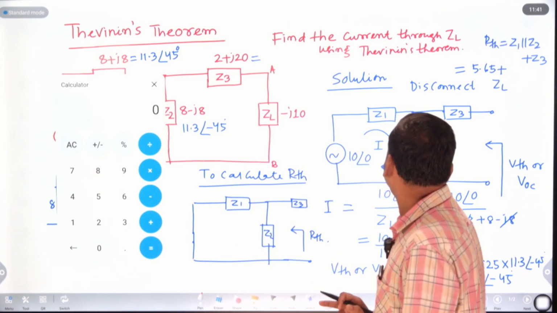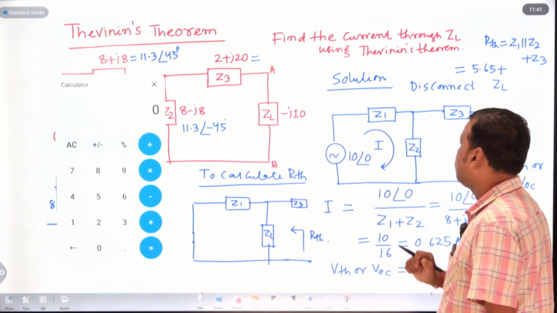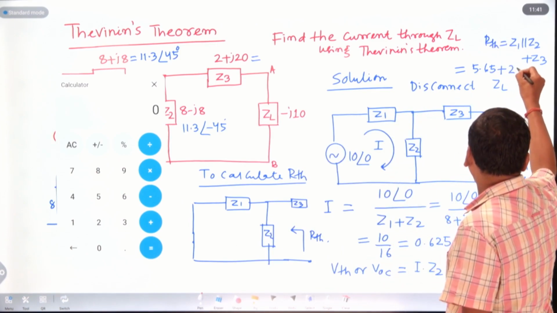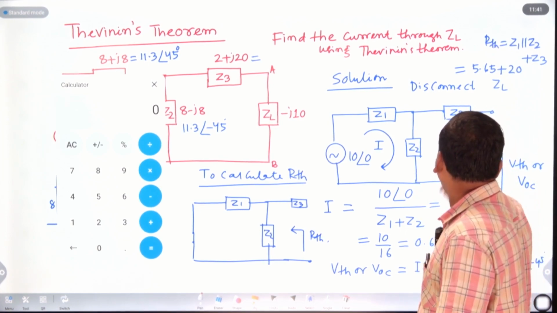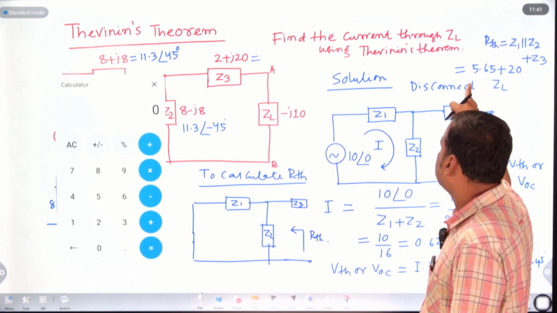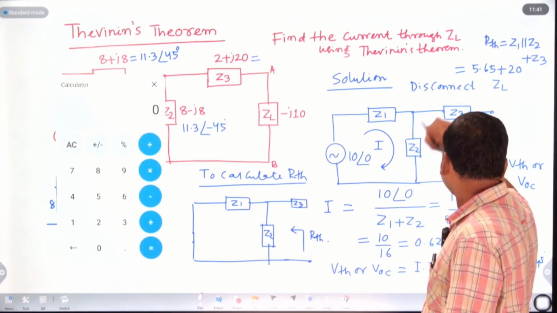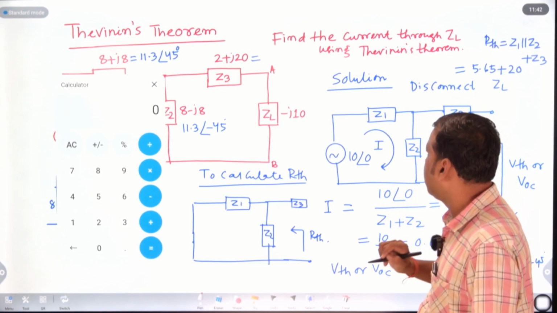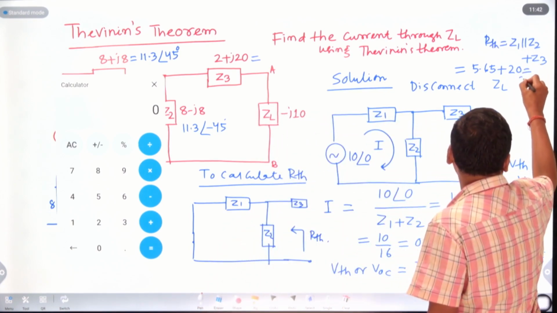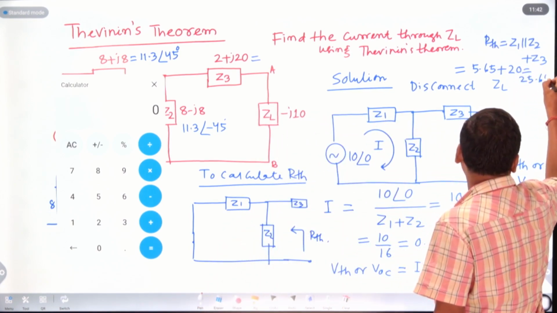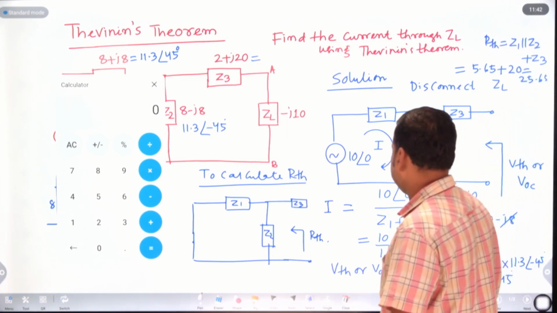If you consider the magnitude part, say 20.08 something, this value becomes 5.65 plus 20, around 25.65. This is your RTH.